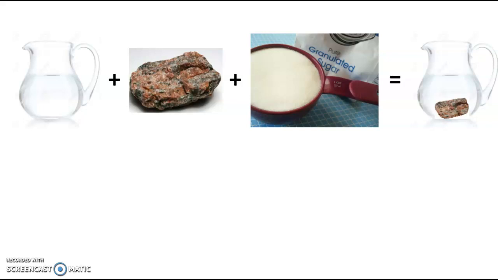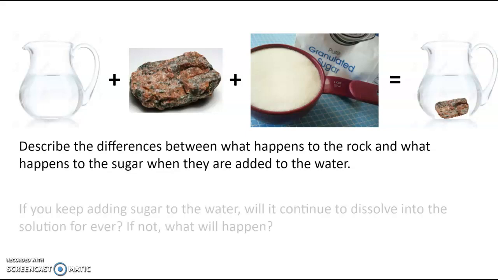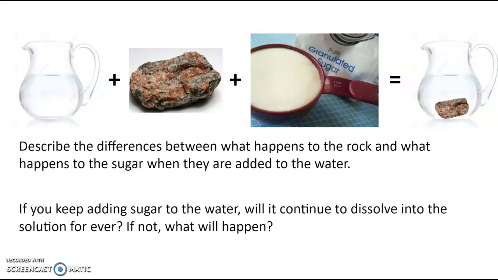And as you can see with my really, really top-notch Photoshop skills, the rock just sits at the bottom of the pitcher and it does not dissolve or disappear, which is unlike the sugar because the sugar does disappear into the water. So we want to think about what the difference is in that case. We also want to think about, if you keep adding sugar, is it going to continue to dissolve and kind of disappear forever? And if not, what do you think is going to happen?